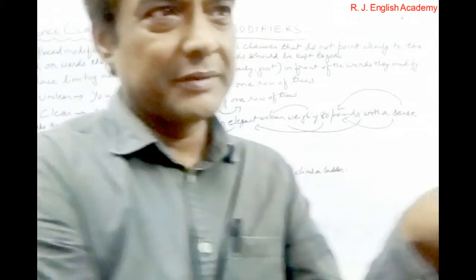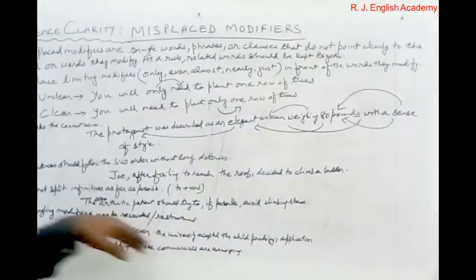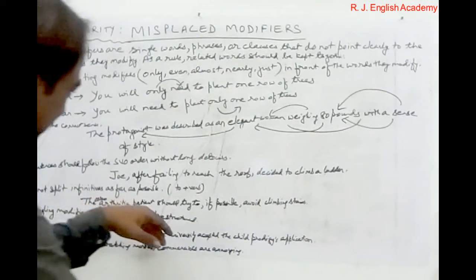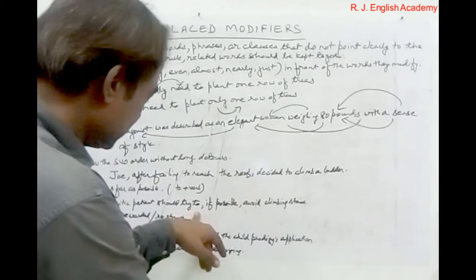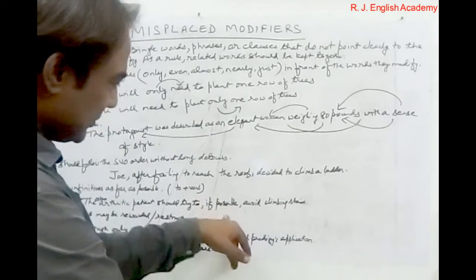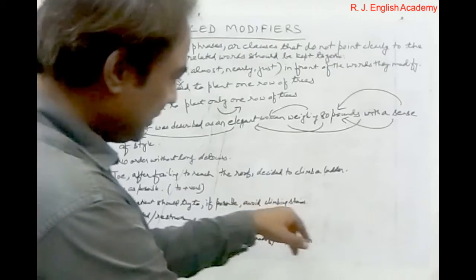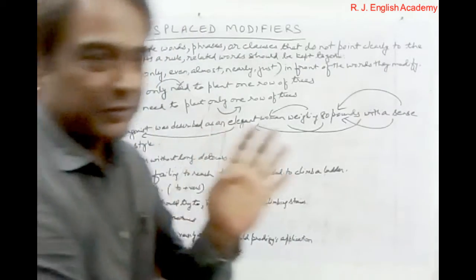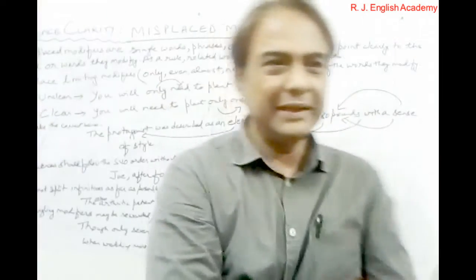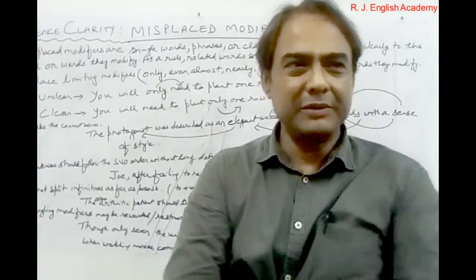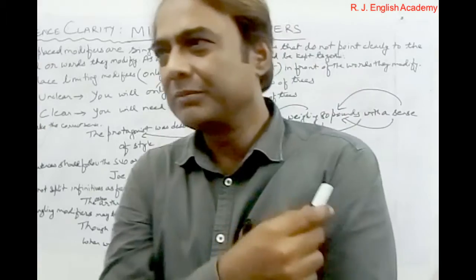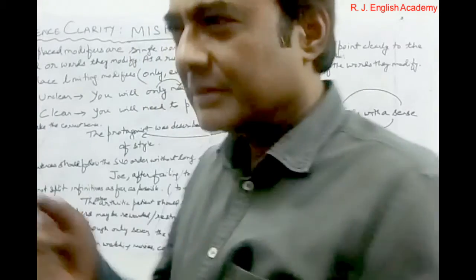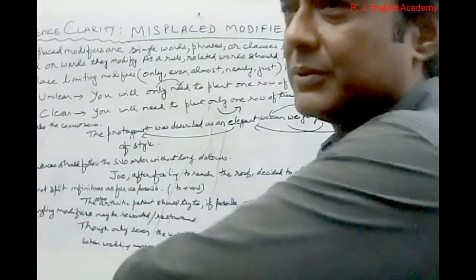try to split infinitives. The example: the osteoarthritic patient should try to, if possible, avoid climbing stairs. Now see, the osteoarthritic patient, osteoarthritis, knee problems, elbow problems, pain in the bones.